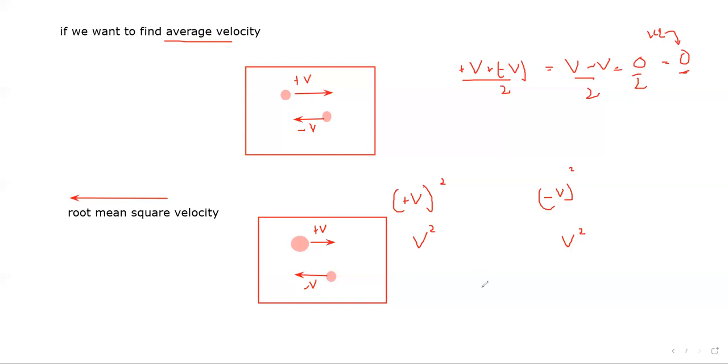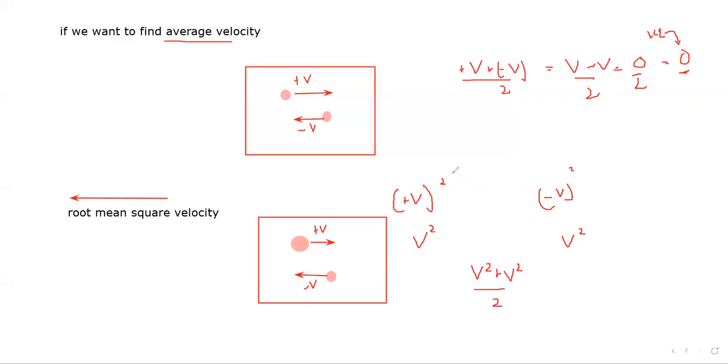Then we take an average. How do we take an average? v square plus v square divided by 2. If there are three velocities, then v square, v square, v square divided by 3. The sum divided by the total.